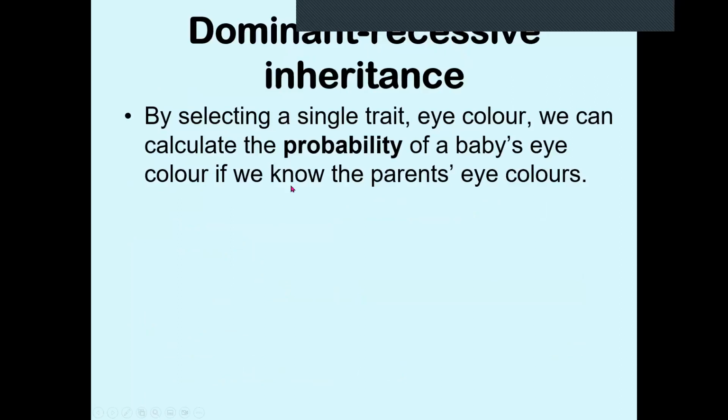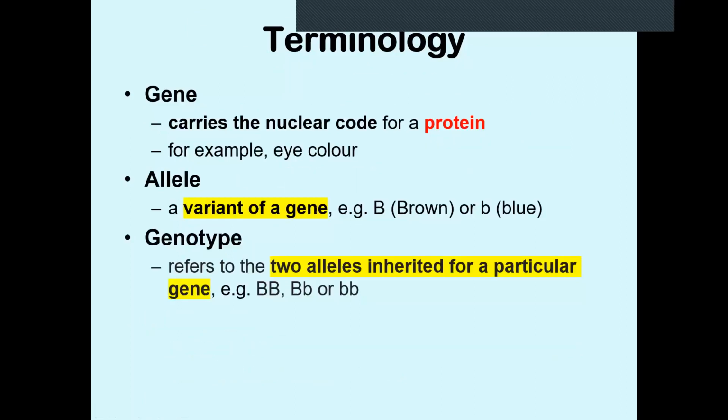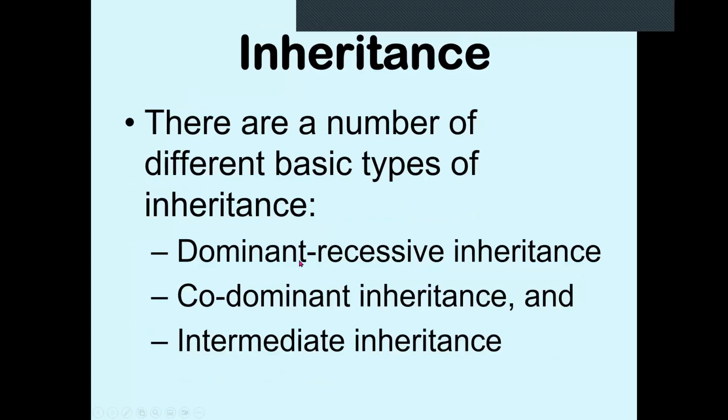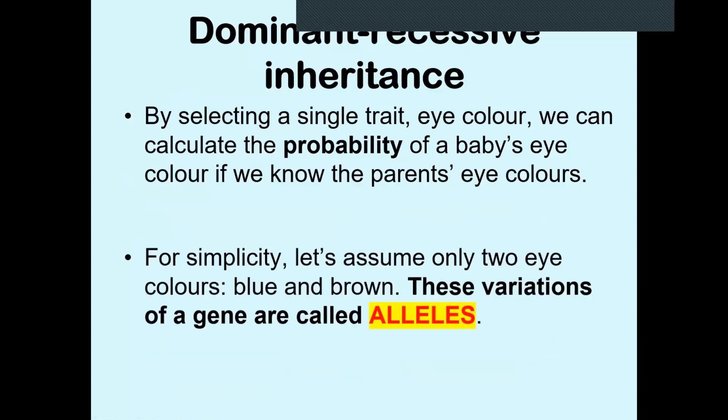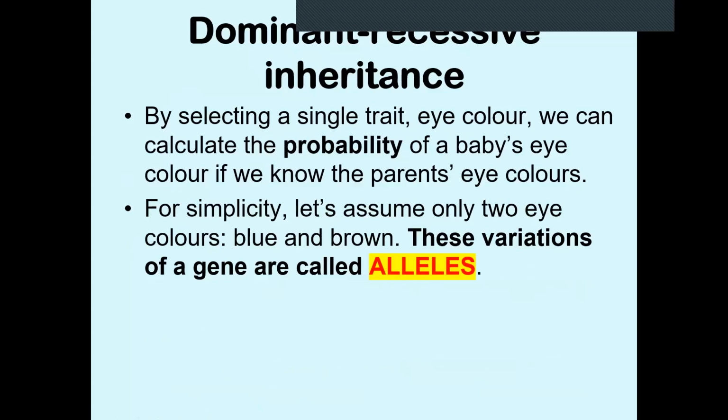So let's have a look at these three: the dominant recessive, codominant, and intermediate. I'll explain that. So with dominant recessive, selecting a single trait like eye color, we can calculate the probability of the baby's eye colors if we know the parents' eye colors. Again, simplified, but on a simple level.